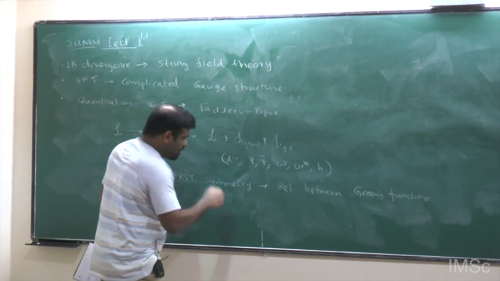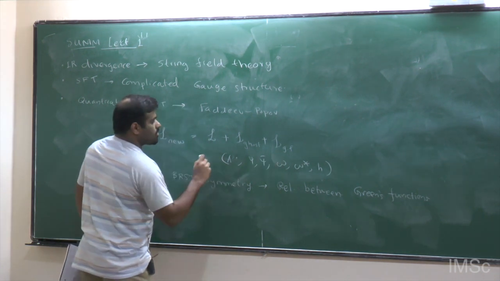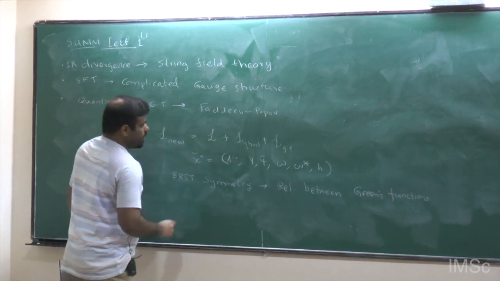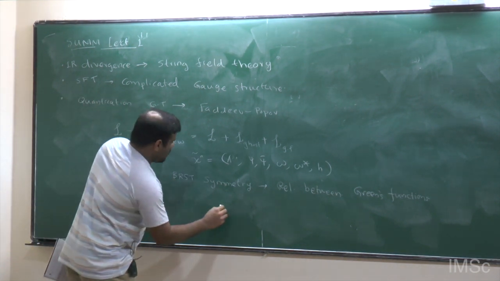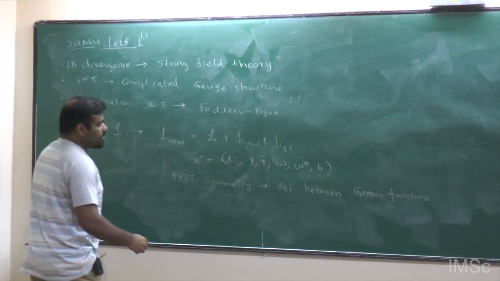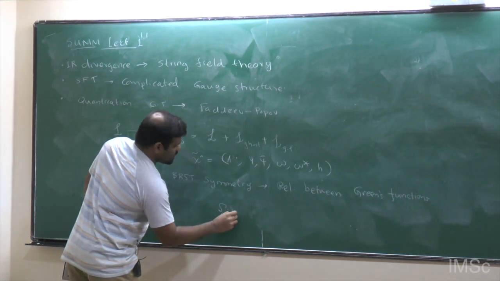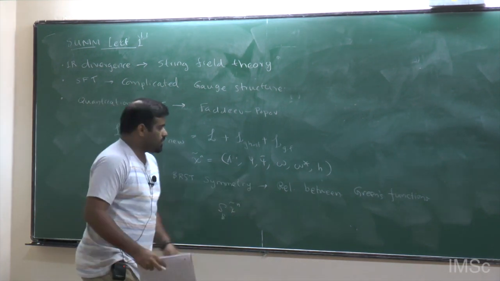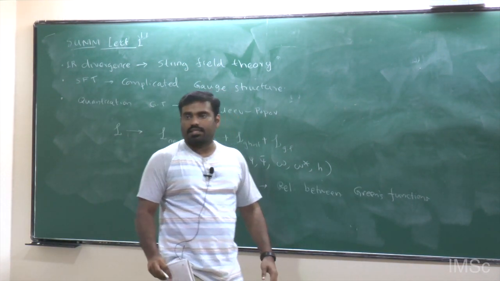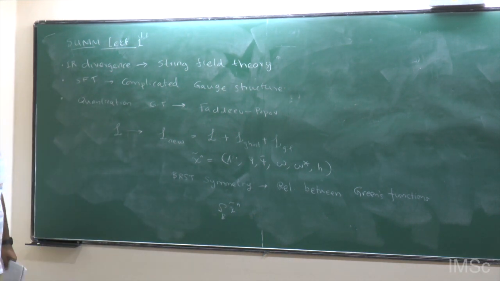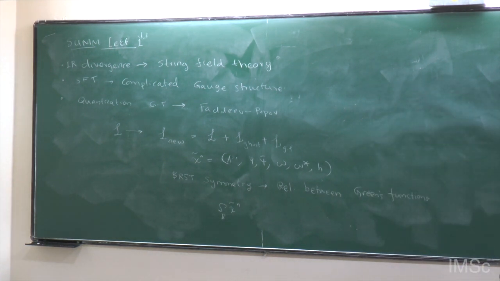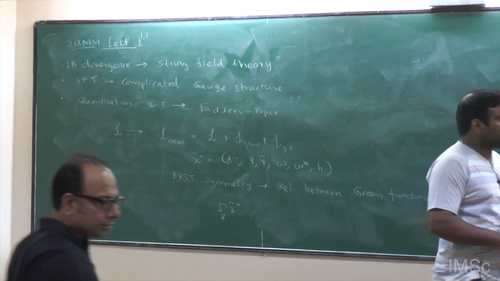I denoted the collection of these fields by the notation chi tilde, and we had to introduce a BRST variation of any of these fields inside the correlation functions, and with that insertion we found a set of relations. Those relations were easy to state if you use the generating function.